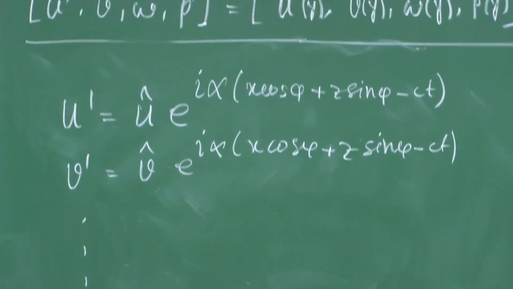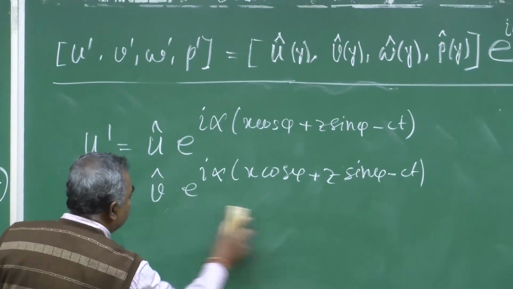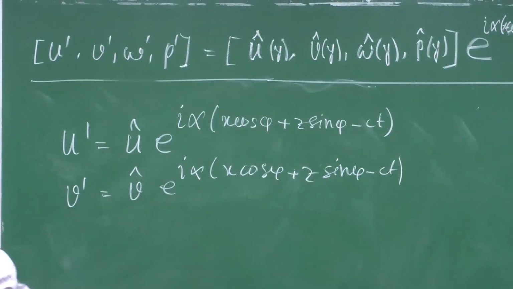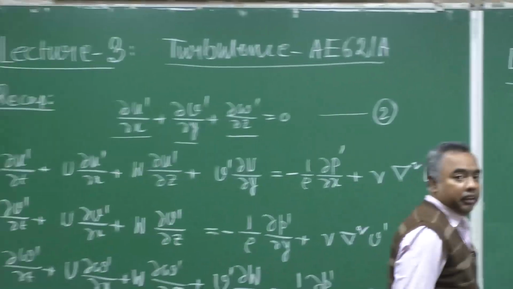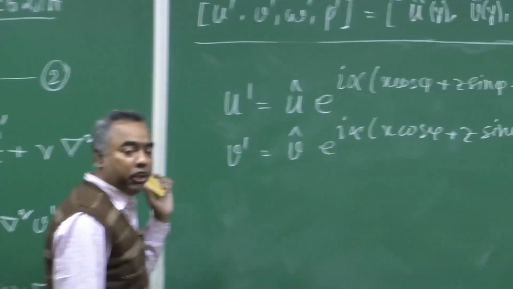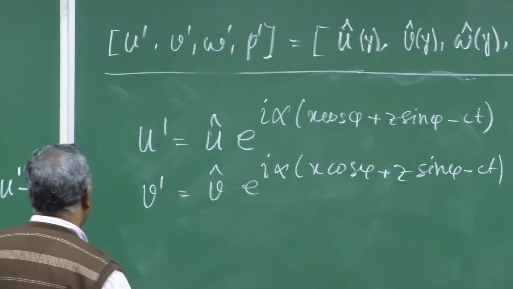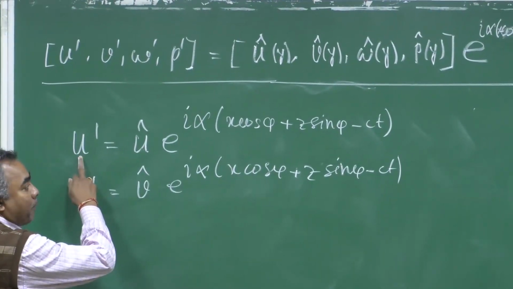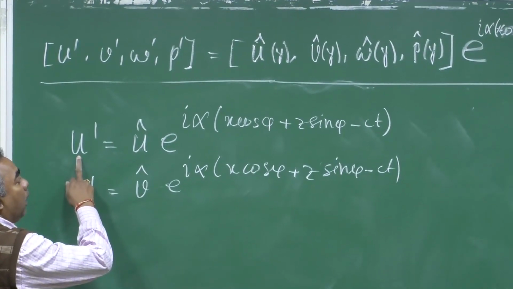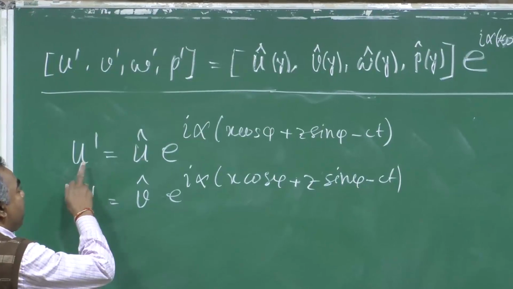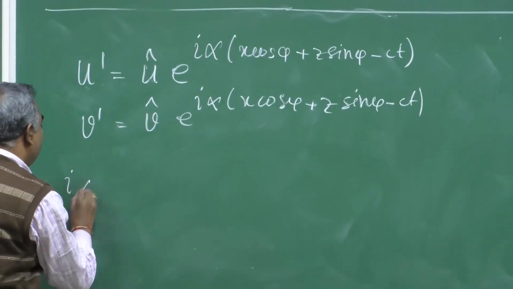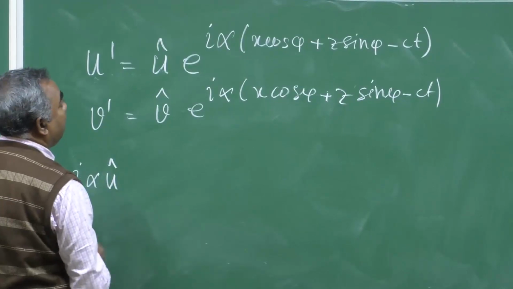Okay. So, now if you consider this particular expression and plug it in equation 2, then what do we get? We have to take del u prime del x, which means you are going to get i alpha u hat.